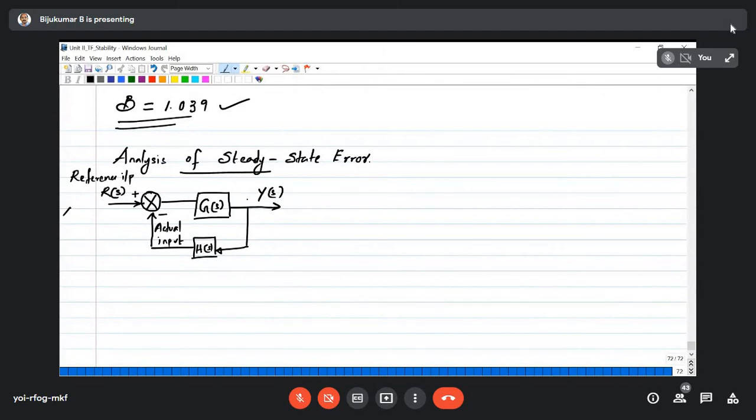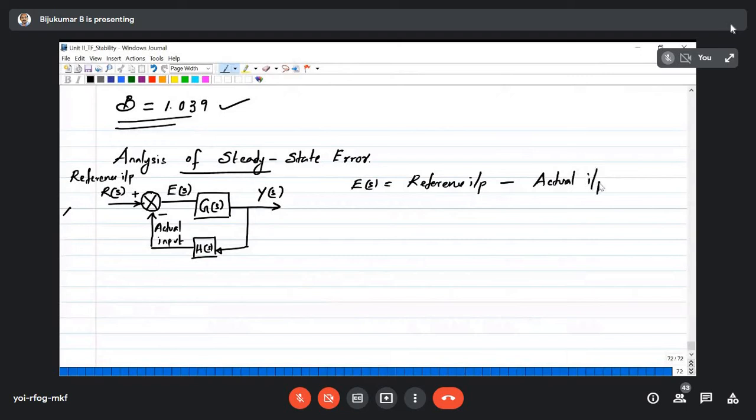Obviously, the closed loop system has to make the system response stay at the reference input, right? What is the difference between reference input and actual input? This is the error signal, right? So we can write the error signal as the reference input, which is nothing but our desired input, minus the actual input.